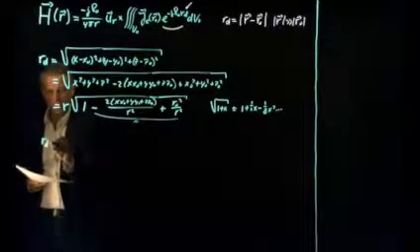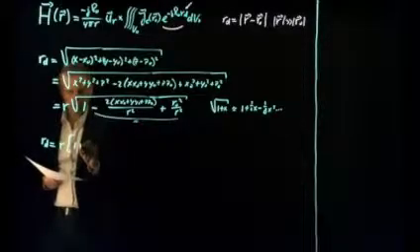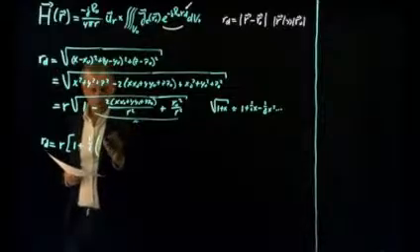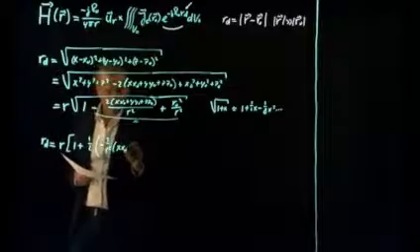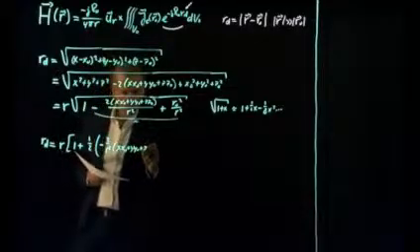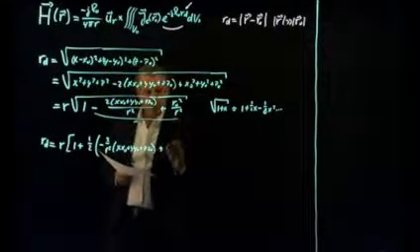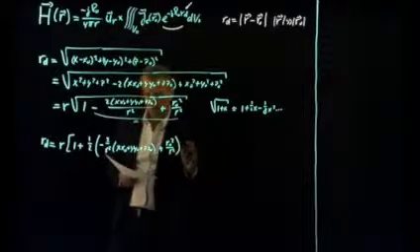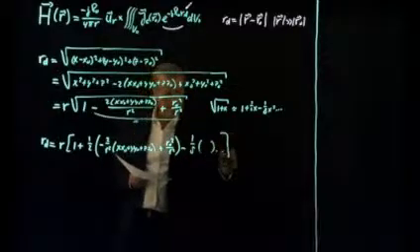And if we use that, we find that RD can then be written as R times 1 plus a half times this. So this was minus 2 times x x naught plus y y naught plus z z naught, plus r naught squared divided by r squared, minus higher order terms, and we're going to forget about them.